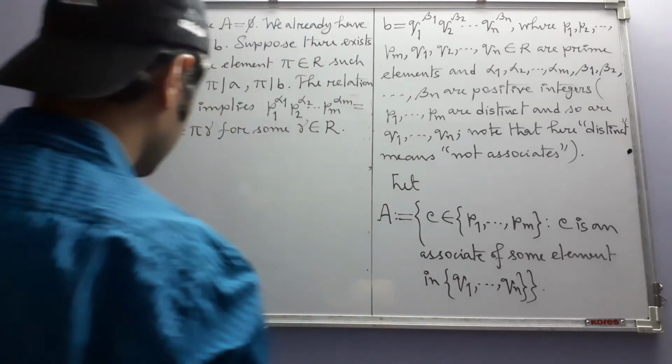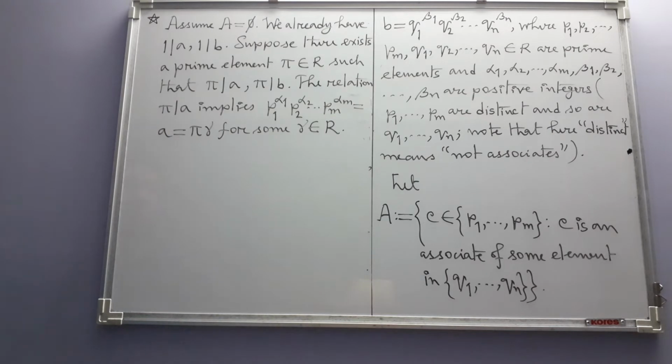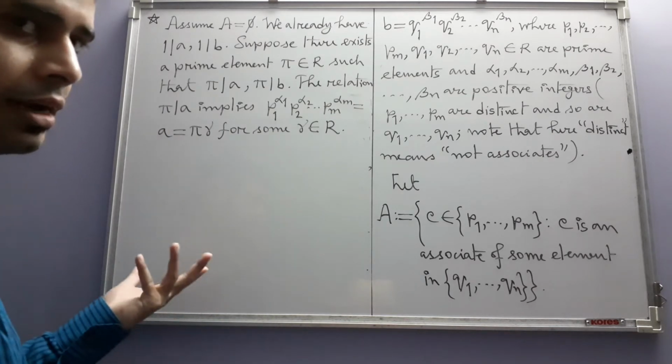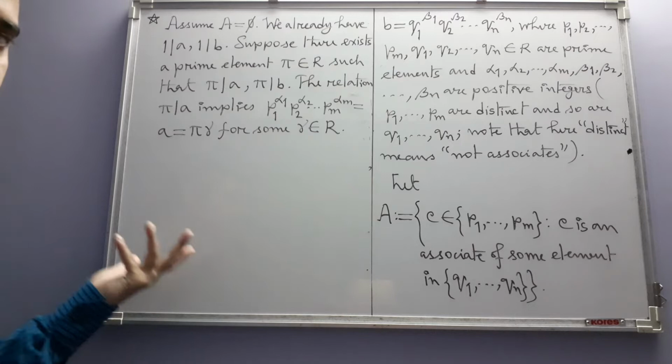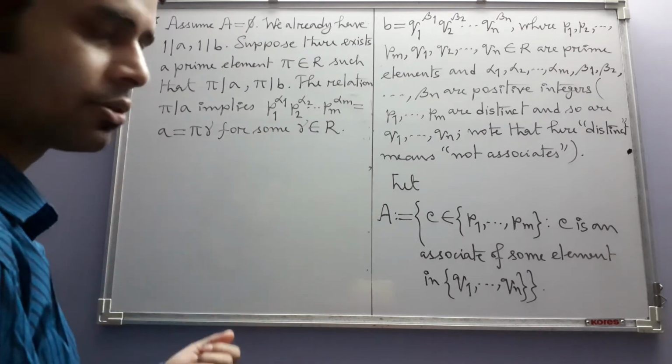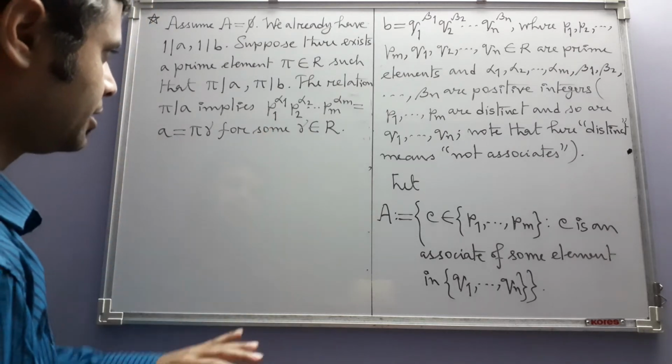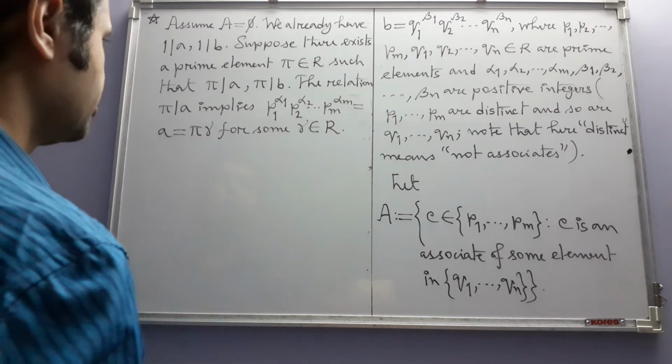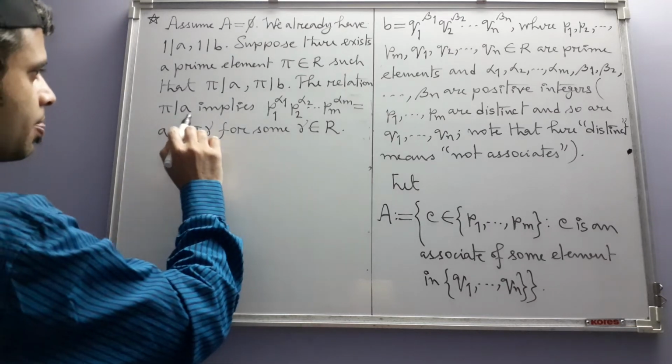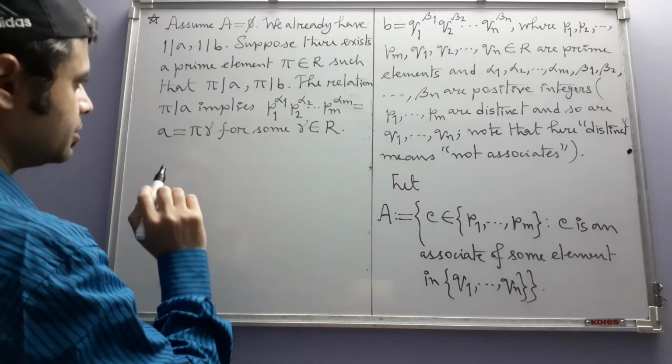Should we write all these things? I think we can skip that, since I hope you have understood what we are going to conclude. So instead of writing those things, we are directly going to write this implies this.